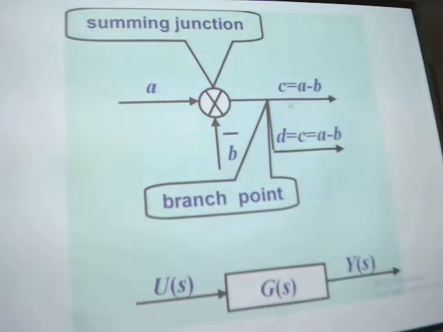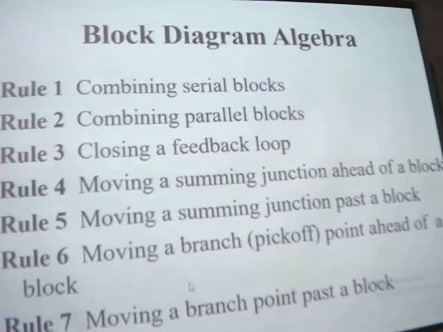This arrow, this is the branch point. Now this is a block, G(s). This U(s) is the input, Y(s) is the output. So for this block diagram, there are some names we should remember.